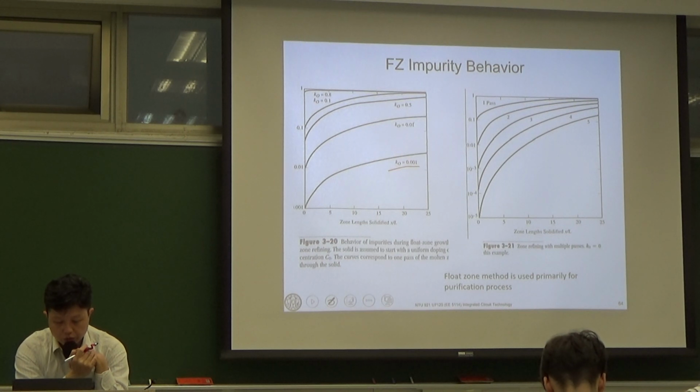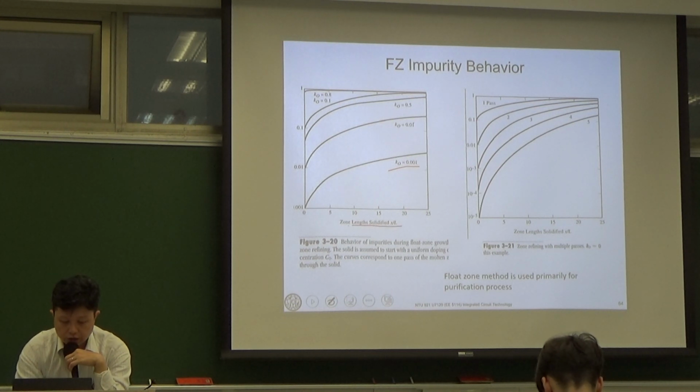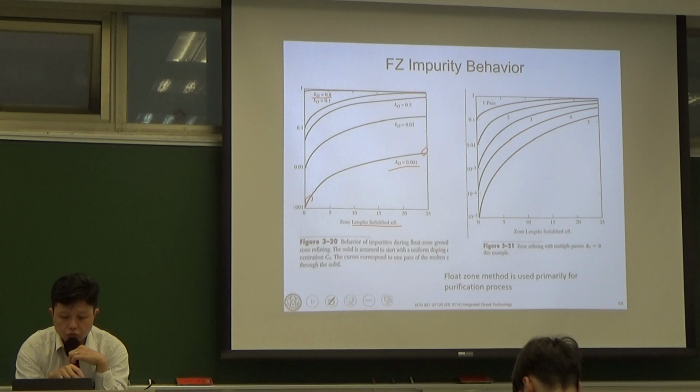You can see we change, if we check the concentration as a function of your position. That's the beginning, and here is the end. If your K is close to 1, then it is more uniform.